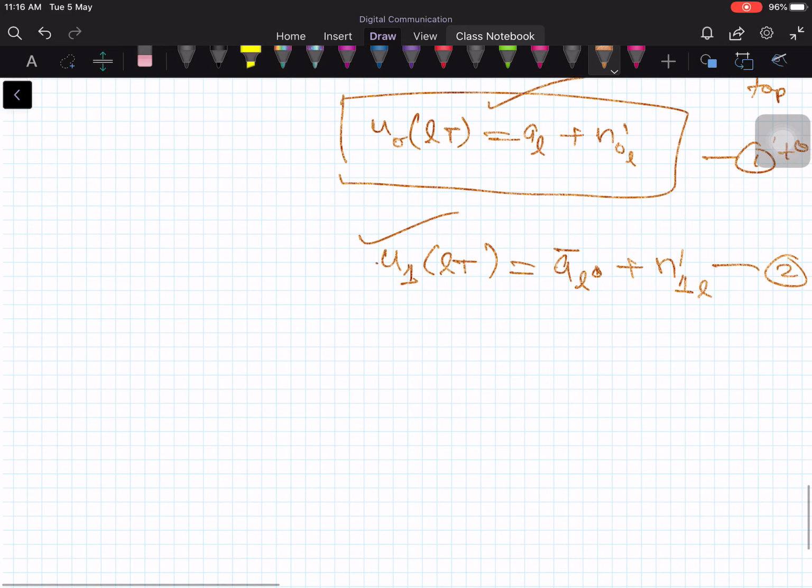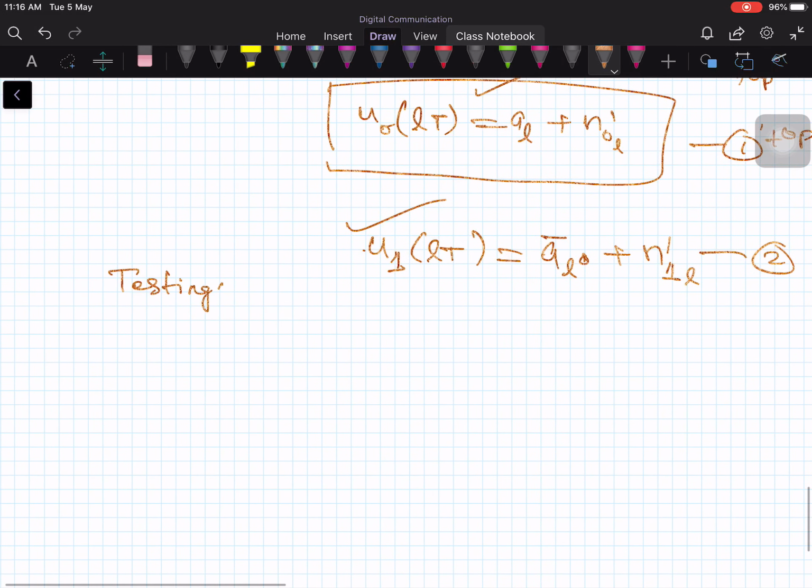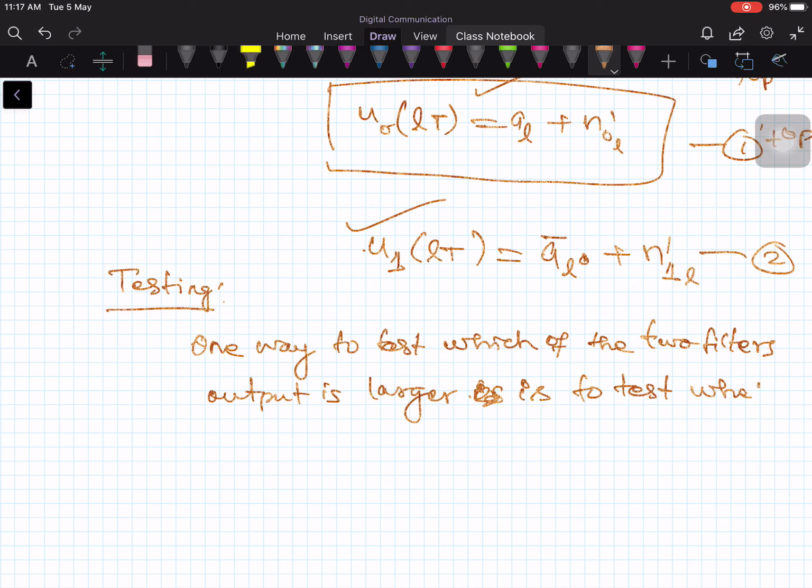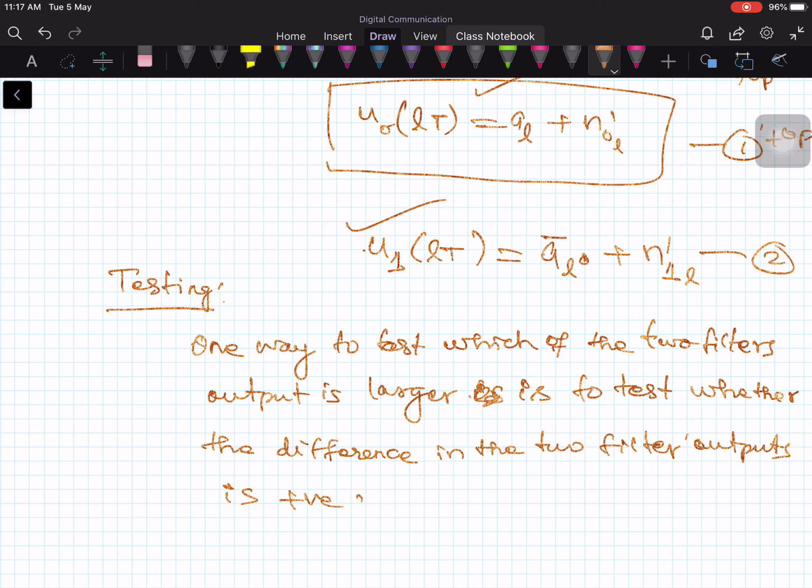So let me write down the statement of testing here. One way to test which of the two filter outputs is larger is to test whether the difference in the two filter outputs is positive or negative.